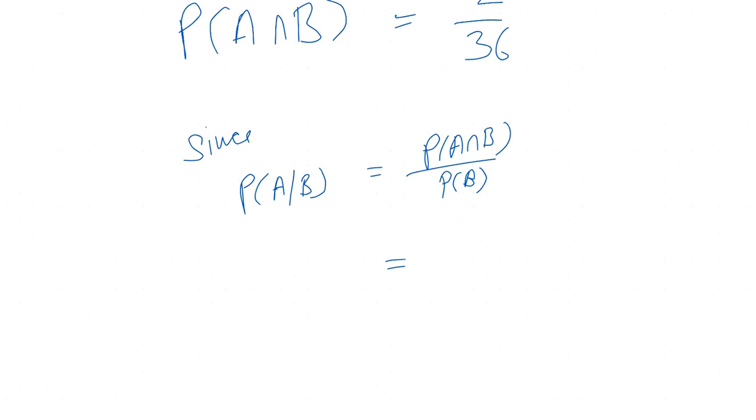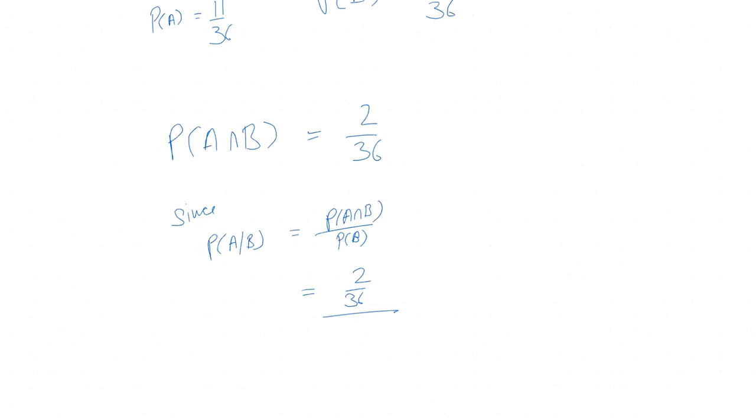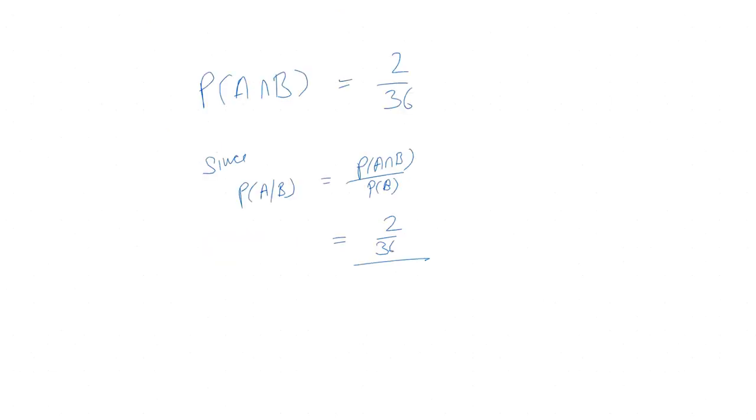So this is 2 by 36 and P(B) is, oh sorry, 4 by 36. We can cancel them, and 1 time, 2 times. So it is equal to 1 by 2. You got? Yes, ma'am. Good.